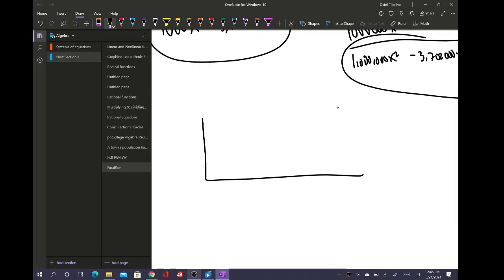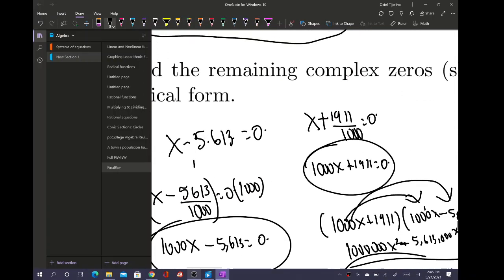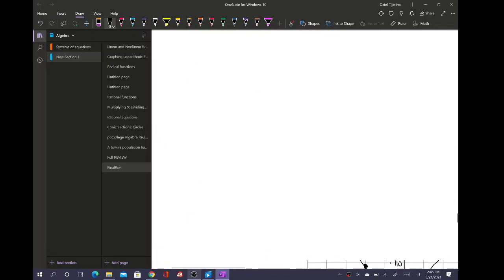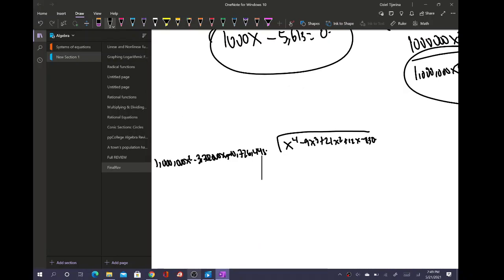Maybe we can use synthetic division, or I don't know if you guys learned synthetic division. We can use polynomial long division, x to the fourth, and then let's see here. Okay, so to do this one, oh lord, this one is crazy.